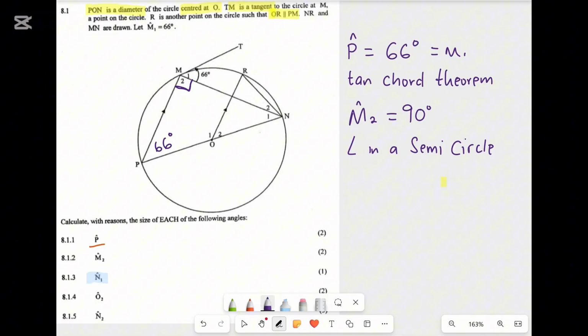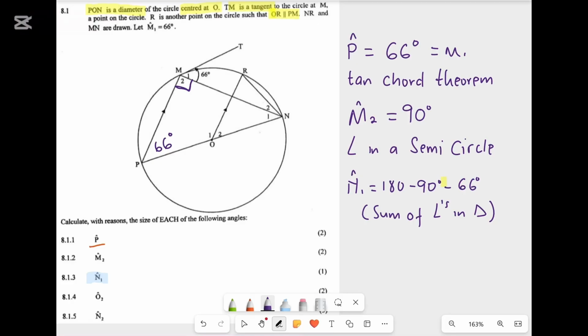So N1 is equal to 180 minus 90, 90 is your M2, minus 66 degrees, 66 is your angle P. So the reason here is sum of angles in a triangle.